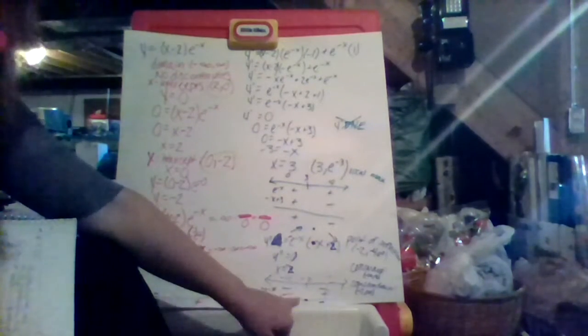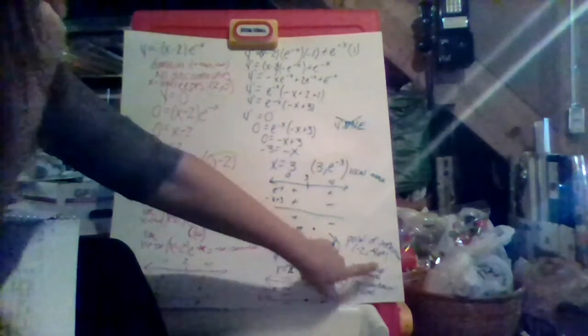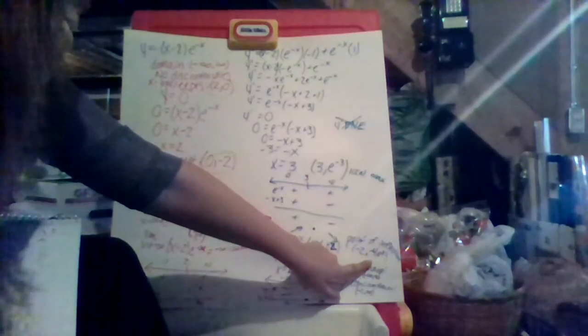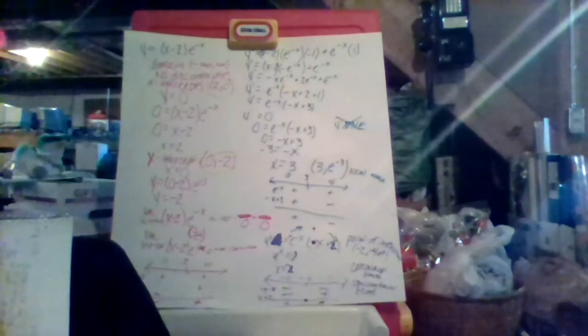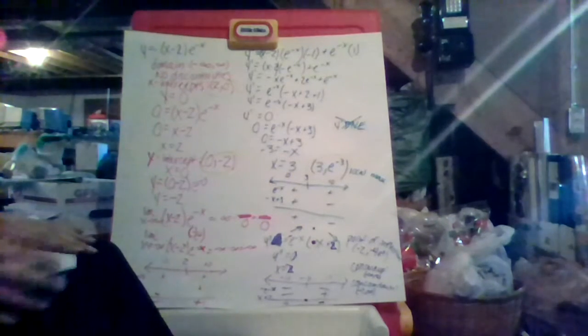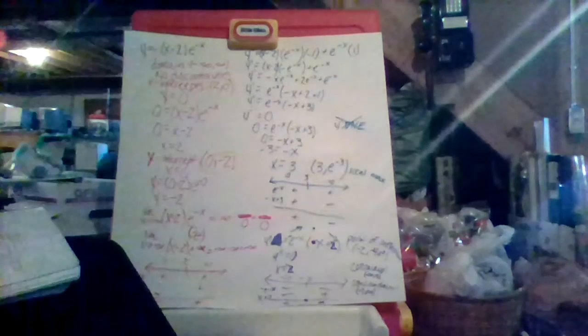And when you evaluate negative 2 in our original function, you get the point negative 2, comma, negative 4e squared. Now the graph of this is on a very narrow spot, and I graphed it previously.